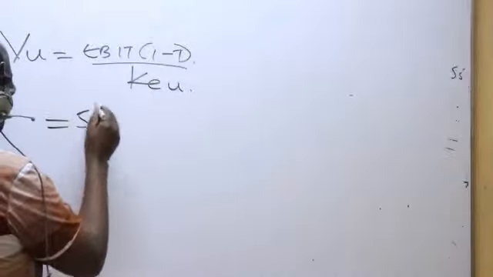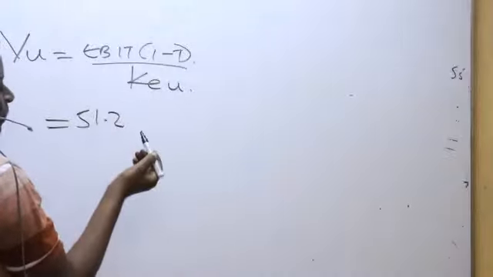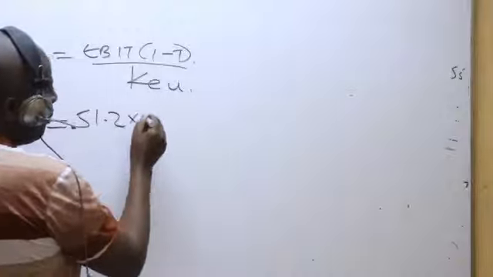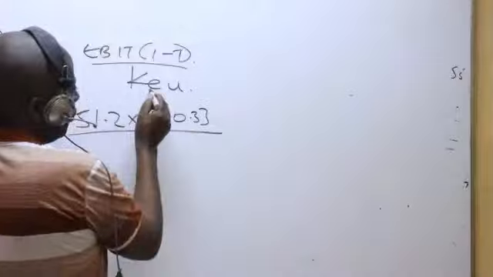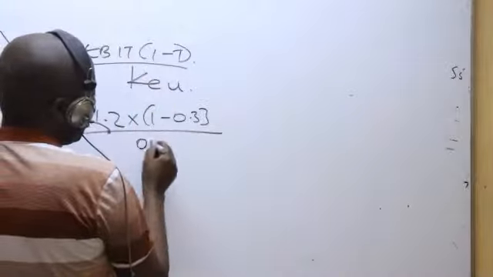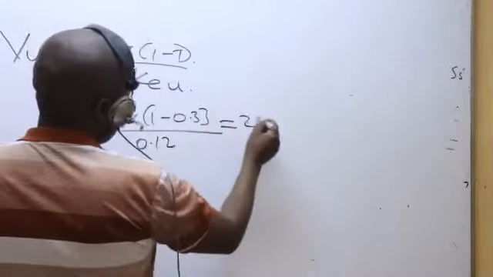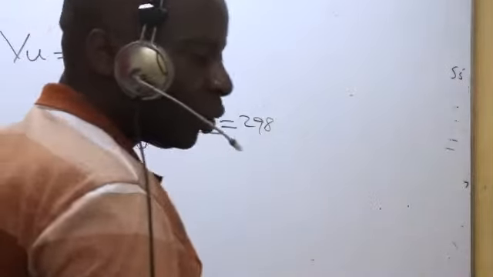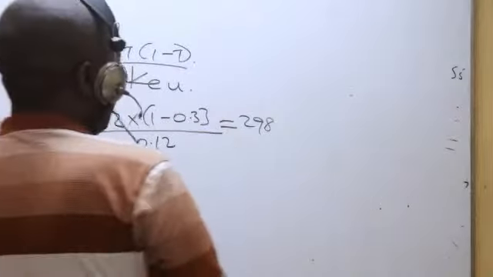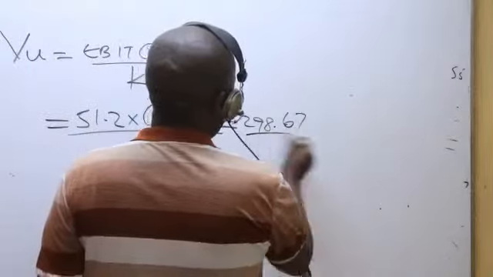EBIT is not changing, it's 51.2, we got it up there. Then 1 minus tax, where tax is 30%. The cost of equity of the unlevered firm, we got it up there, it was 0.12. So could you kindly confirm that this will give us 298 point what? Yes, 298.67. Thank you very much.